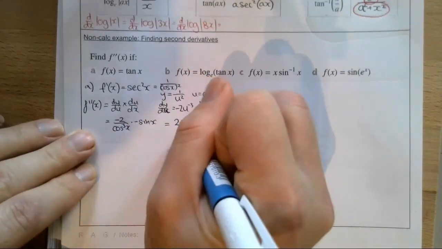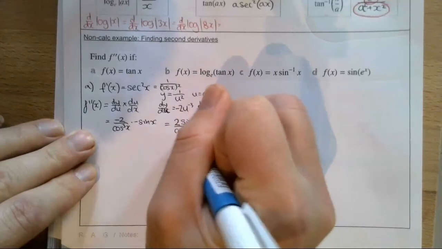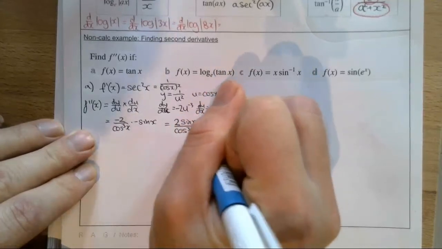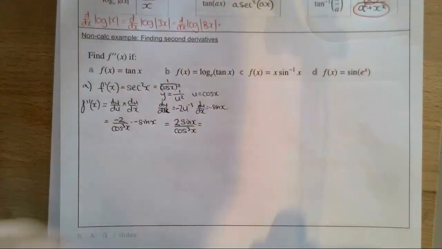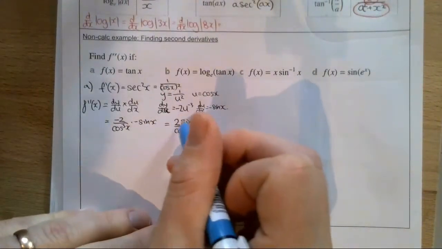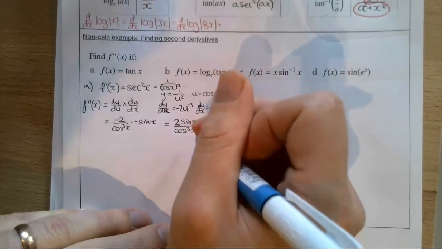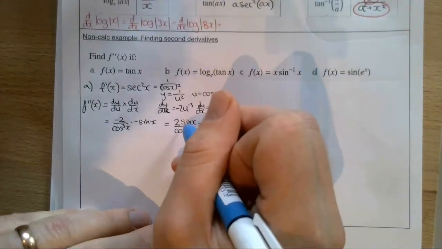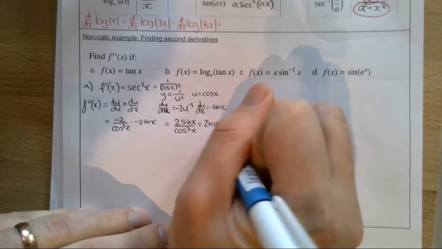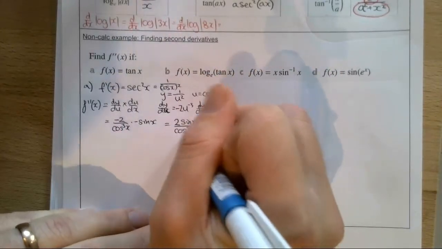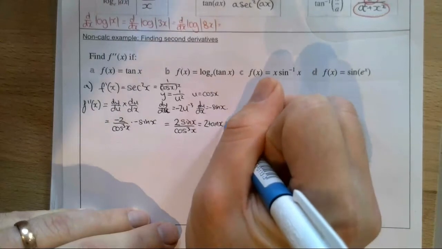And there are lots of different ways to write this. What I'd say to you is, as you're looking at solutions for questions like this, and yours doesn't match what's in the back of the book, really check that it's not an equivalent form. Because here you might stop at 2 sine x over cos cubed, but another way I could write that is to take one of the sines with one of the coses and write 2 tan x, leaving me with 1 over cos squared x still to go.